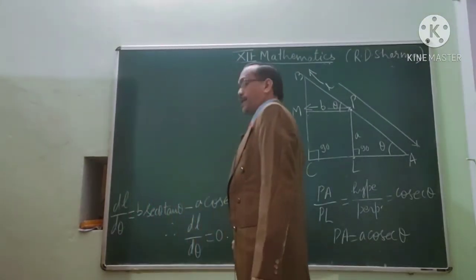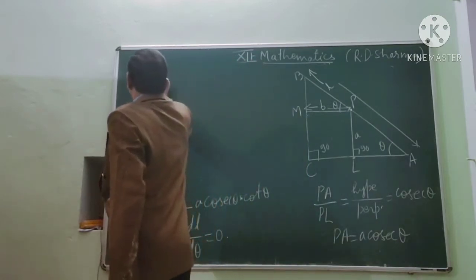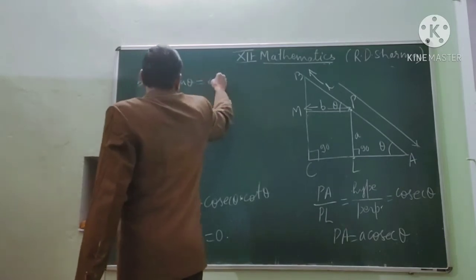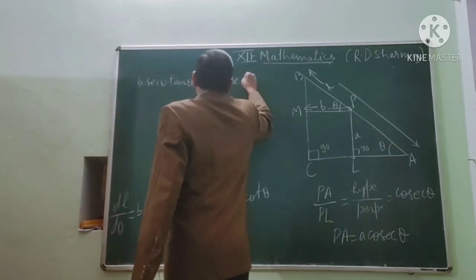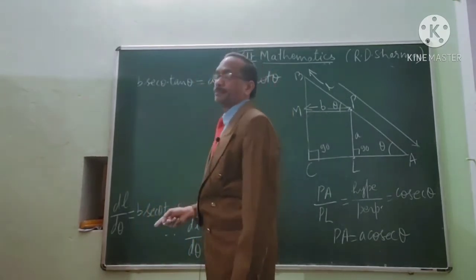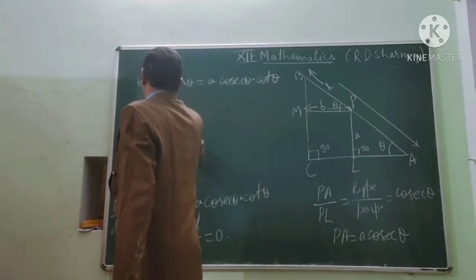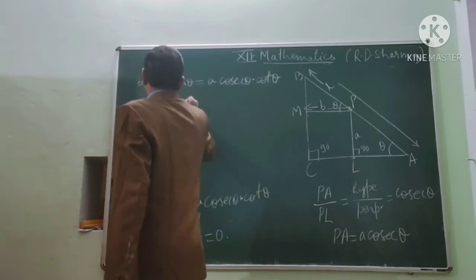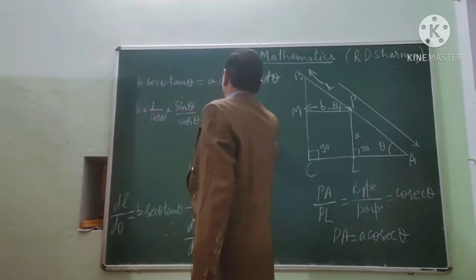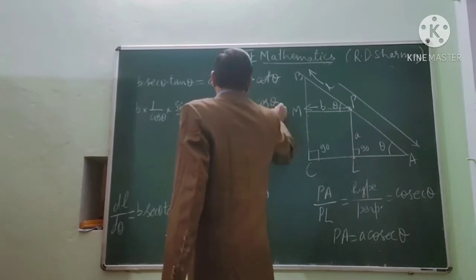So b sec theta tan theta equals a cosec theta cot theta. Now we will convert all the terms in terms of sin and cos. So it is b times 1 upon cos theta into sin theta upon cos theta, equal to a into 1 upon sin theta into cos theta upon sin theta.